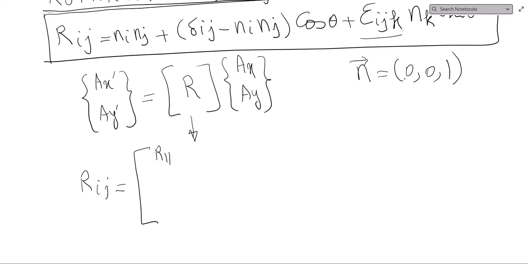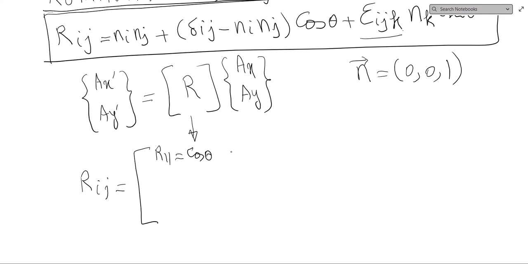So for R11, n1 n1 is 0, okay? But delta 11 is 1, as we discussed in the first part. The canonical delta, if the indices are equal, is 1. And then this n_i n_j is 0 again. So this will become cosine theta. And the permutation symbol is 0 because two indices are repeated.